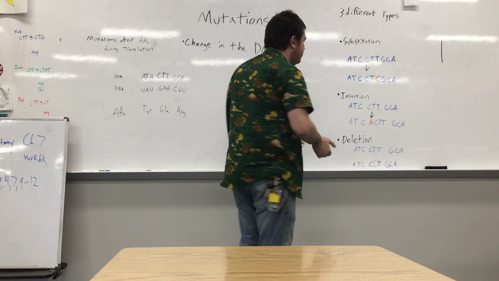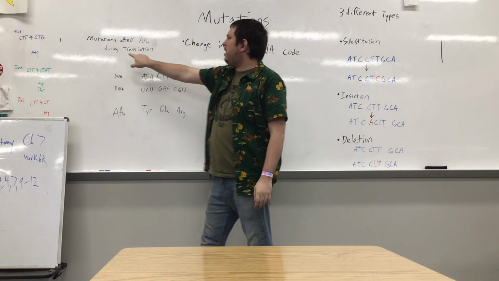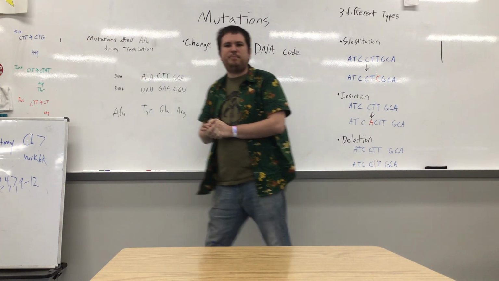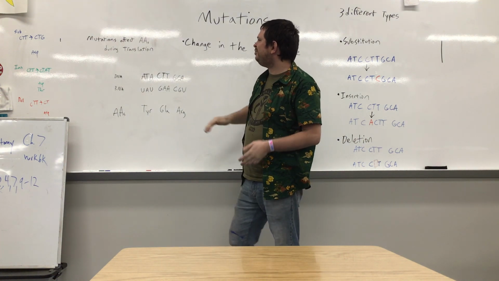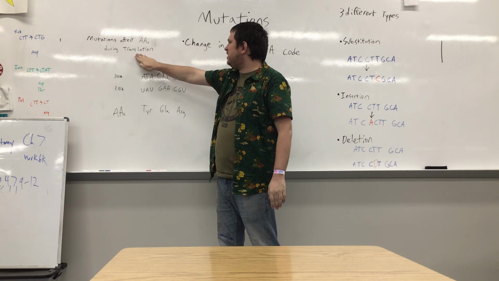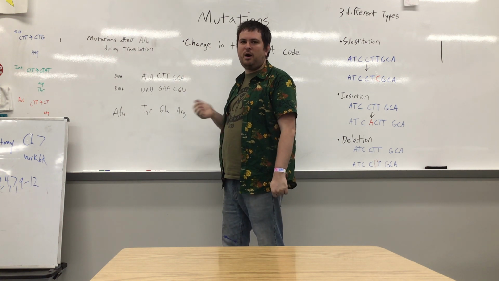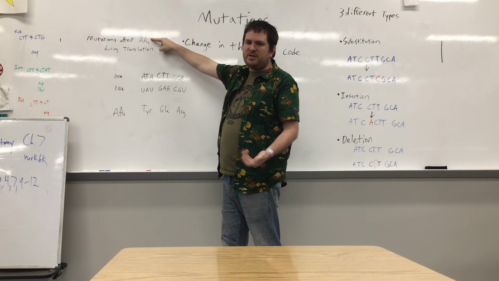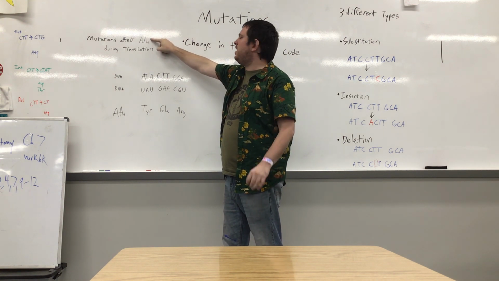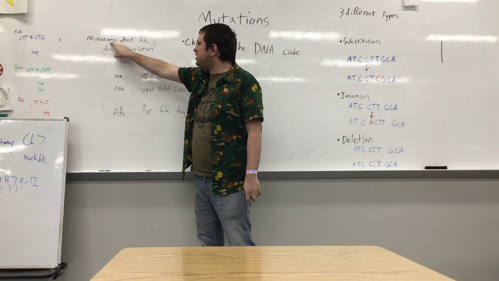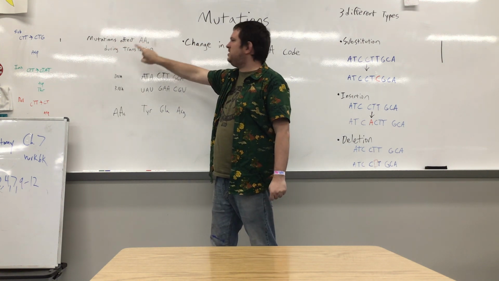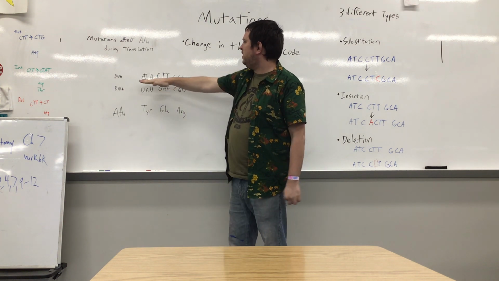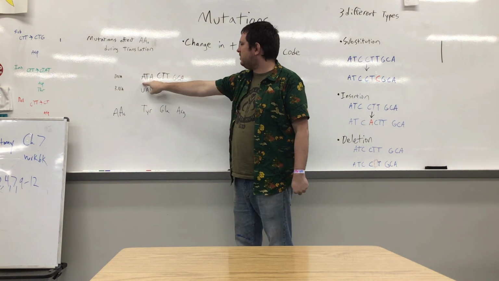And why mutations matter is what we looked at during translation in part 5. Translation is turning that mRNA code into the amino acids, and eventually those amino acids combine to make proteins. Mutations affect the amino acids during translation. So, for example, here's our new DNA code.